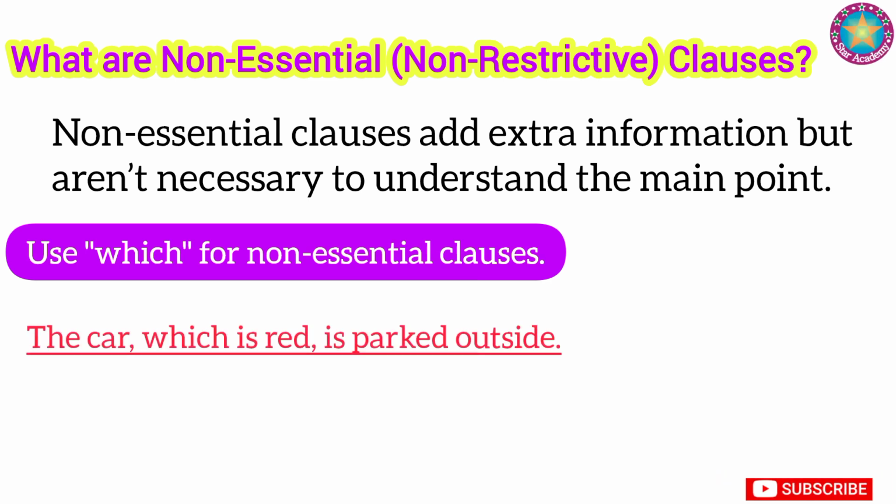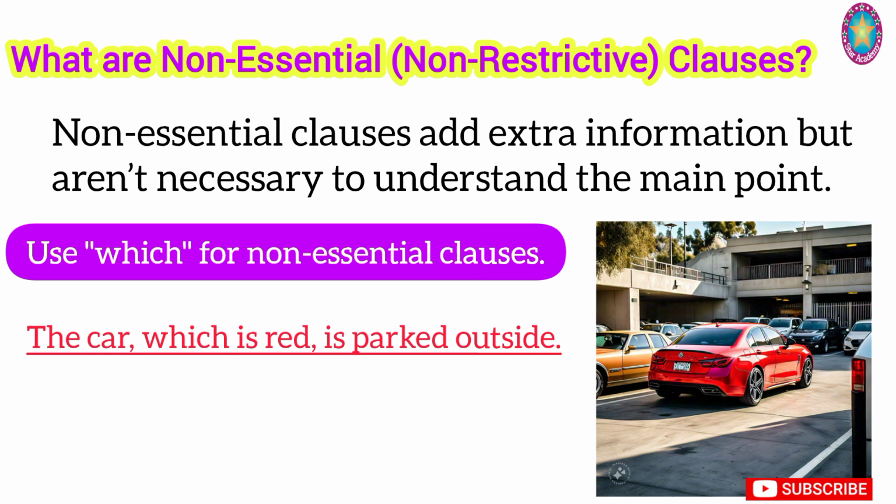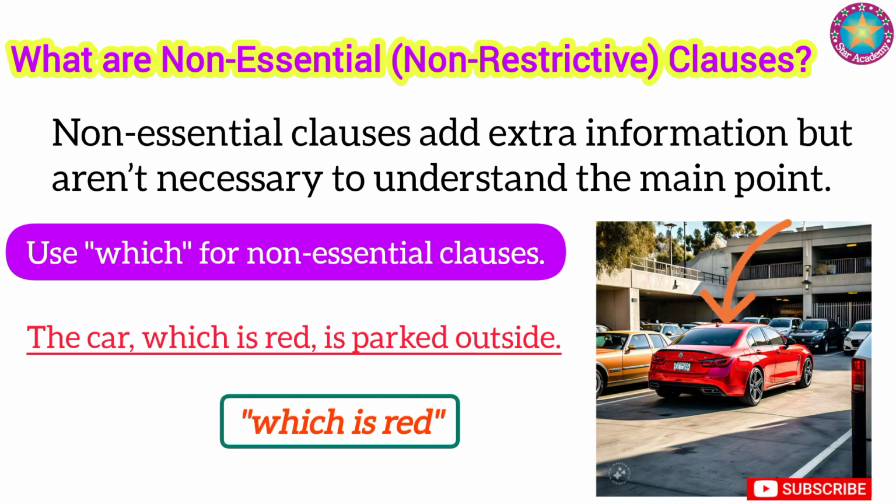For example, the car, which is red, is parked outside. Which is red, adds extra information. But the car is already identified. In this sentence, which is red, is a non-essential clause, providing extra information about the car, but not essential to understand the main point, that the car is parked outside.